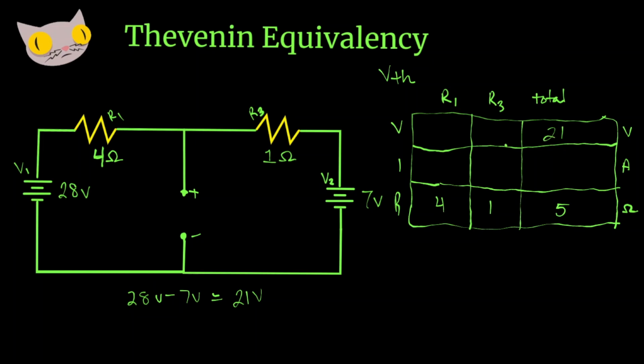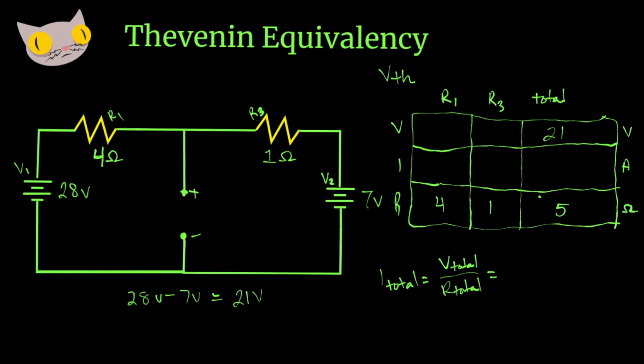Now let's find current. In order to find the total current, we are going to need total voltage over total resistance.